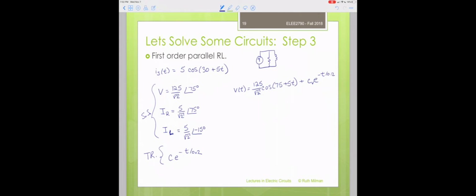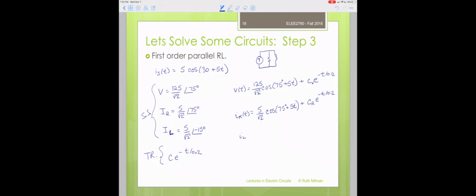We know for our resistor that IR of t is equal to 5 over root 2 times the cosine of 75 plus 5t, again we've mixed degrees and radians, which is really sloppy, plus some constant times our resistor, e to the minus t over 0.2.